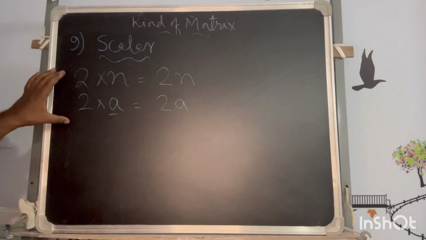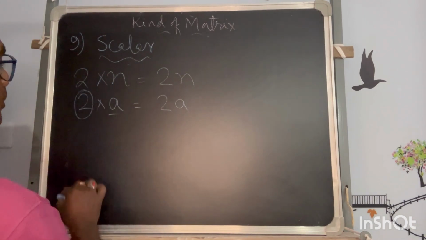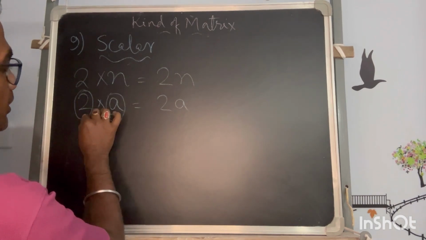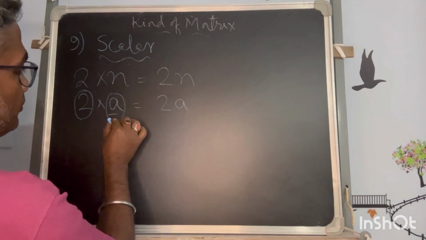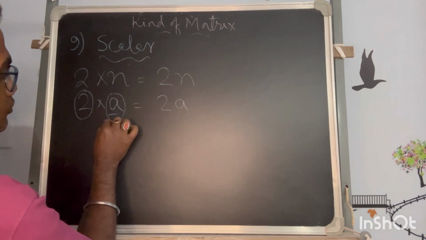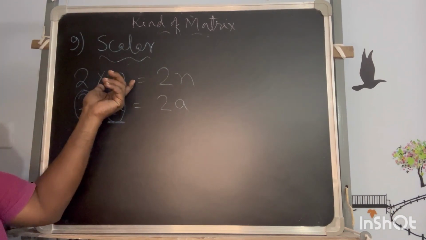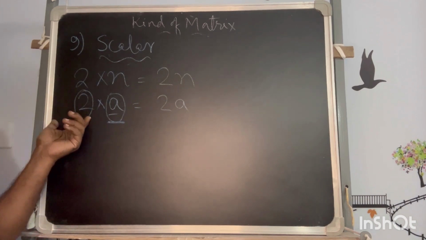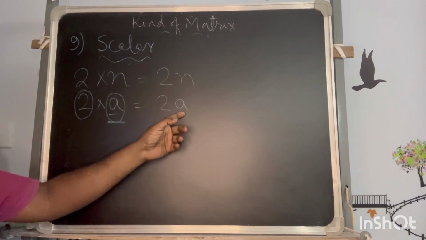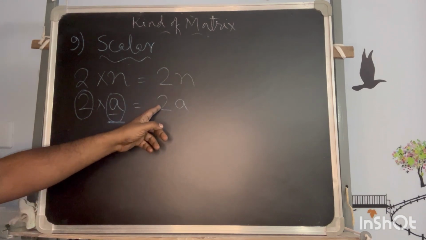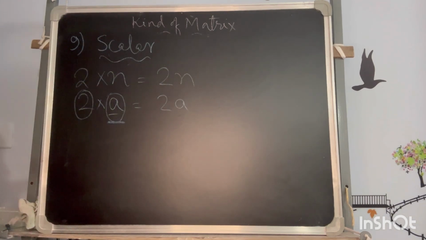So that means it will not change the property; rather, it comes as a prefix, twice of the identity. A similar thing happens with a matrix.